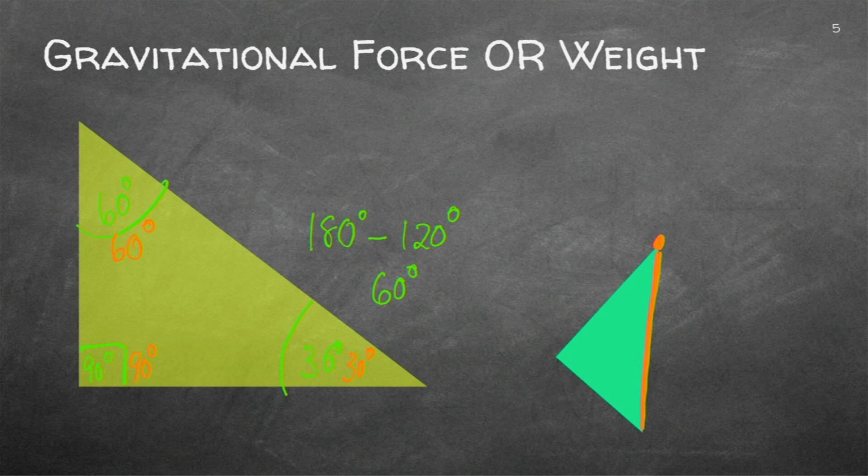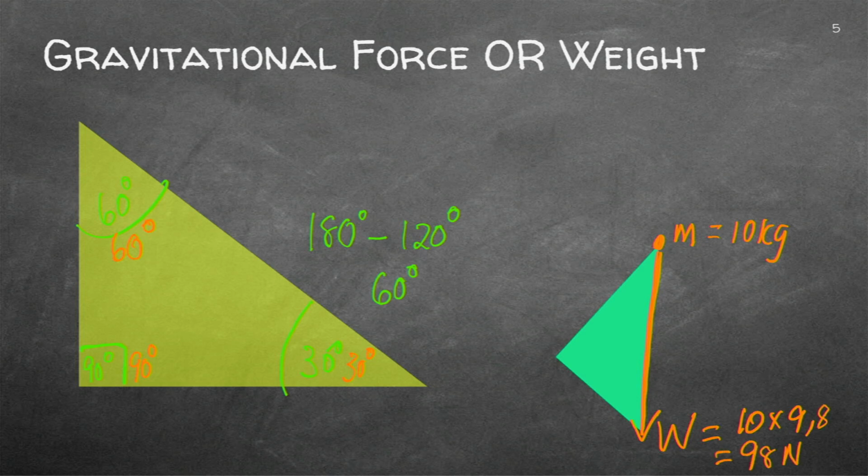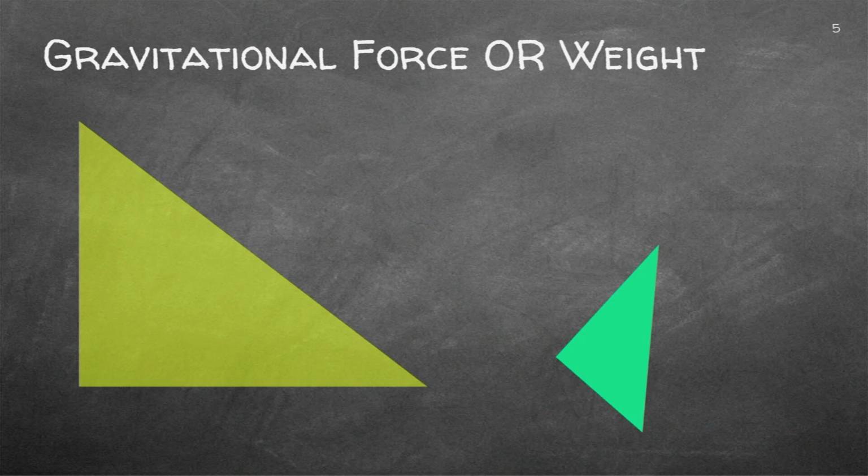Now remember, if I have the mass, say 10 kilograms, I know the weight is 10 times 9.8, which gives me a weight of 98 newtons. That weight is composed of a perpendicular and a parallel component. And for this slide, I actually just want to show you the angles.